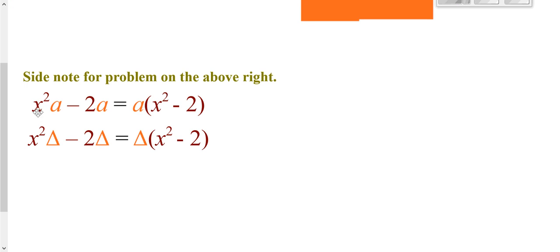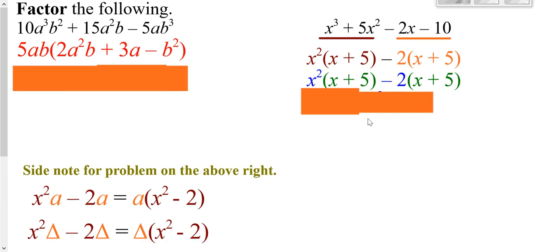Now, side note, you guys know if you had an x squared times a minus a 2 times a, you could factor out that a. So what your x squared and your minus 2 are being multiplied by is like your greatest common factor. Here we have x squared times triangle minus 2 times triangle, so you could pull out that triangle. That's the same thing we have up here.